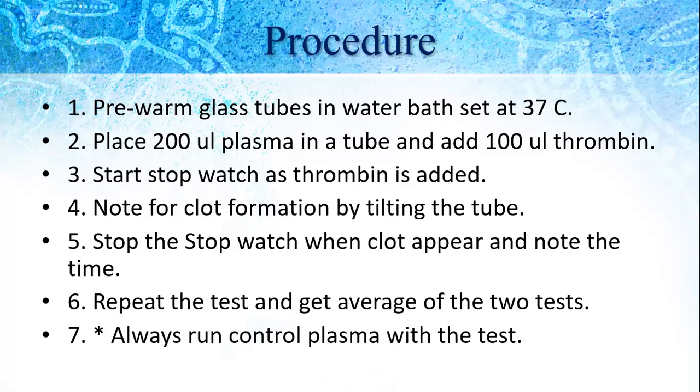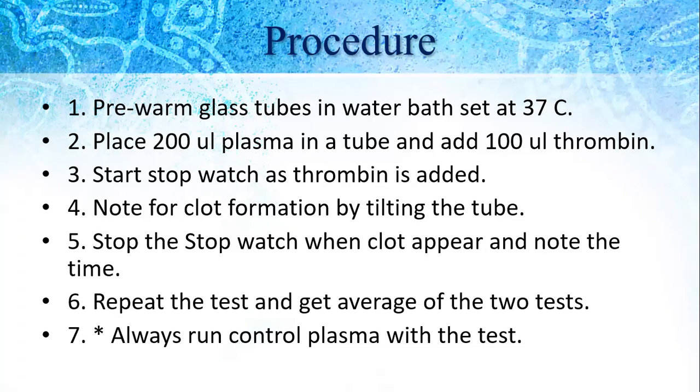You will tilt the test tube, and if you find any clot in the plasma, then stop the stopwatch. Repeat the test and take the average of the two tests. Always run control plasma with the test.